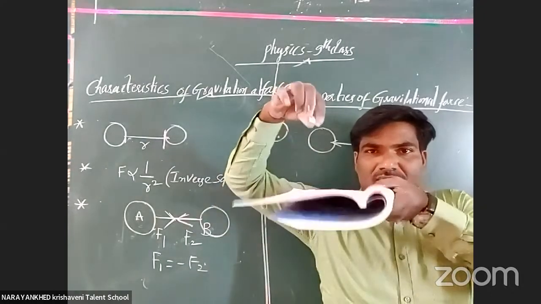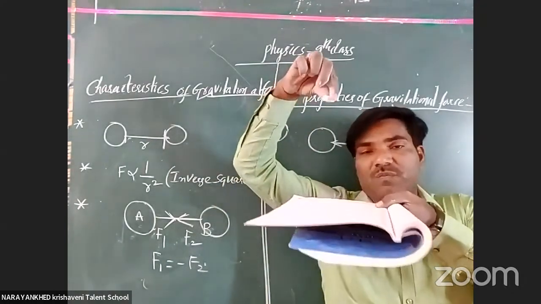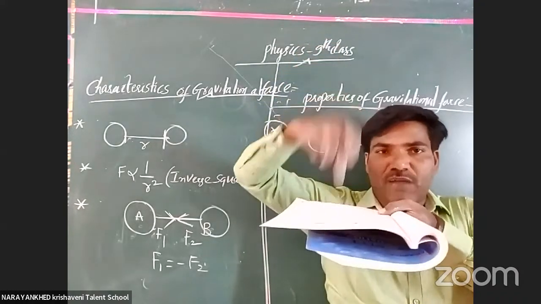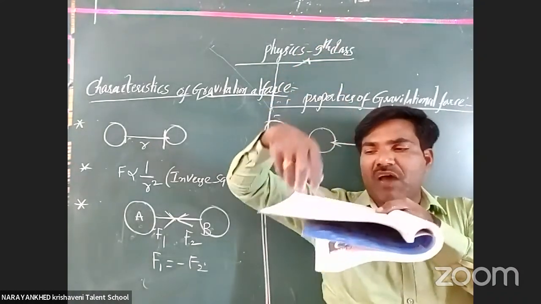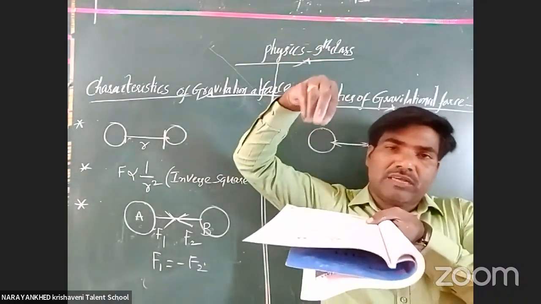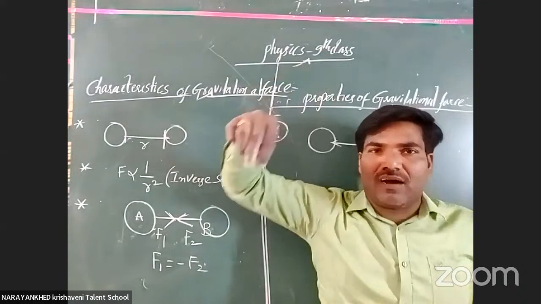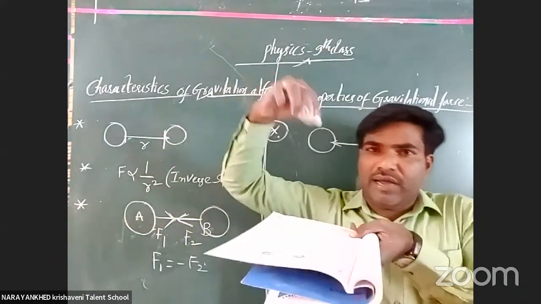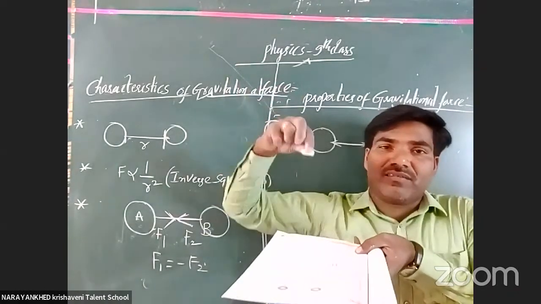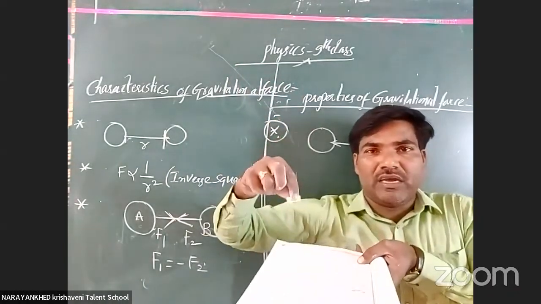Because of the normal force of the textbook, it will be stopped. But it is attracted towards the earth with the same gravitational force whether the book is there or not.